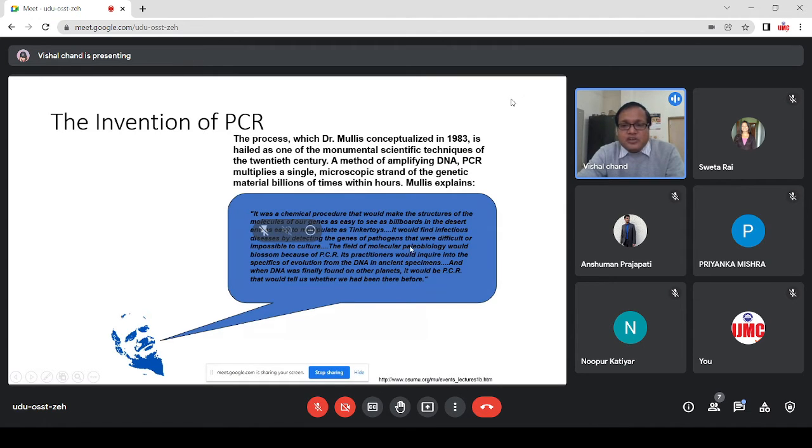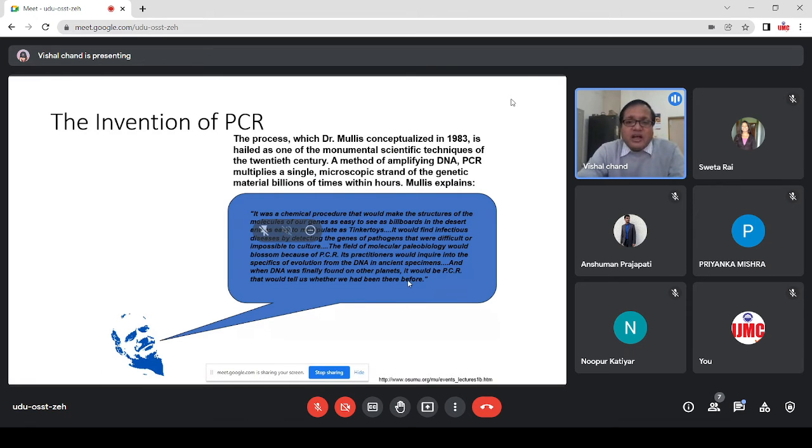The field of molecular paleobiology would blossom because of PCR. Its practitioners would inquire into the specifics of evolution from the DNA in ancient specimens, and if DNA was finally found on other planets, it would be PCR that would tell us whether we had been there before or not.